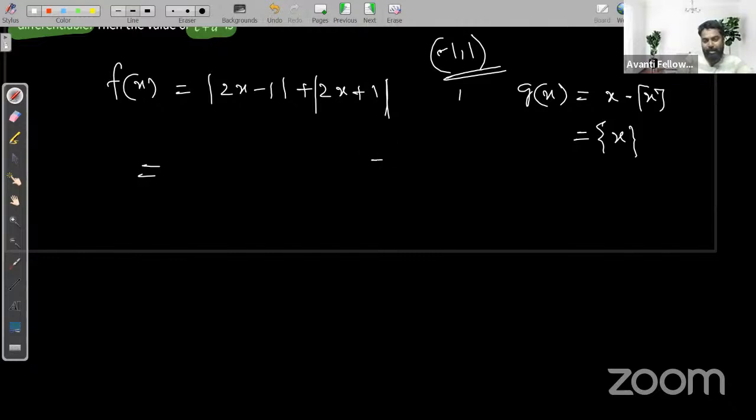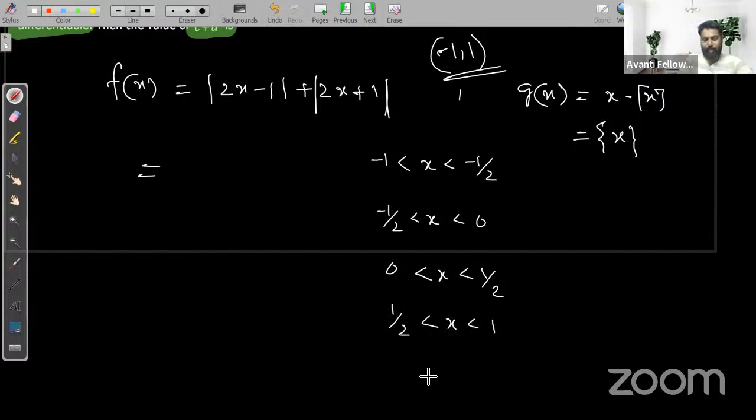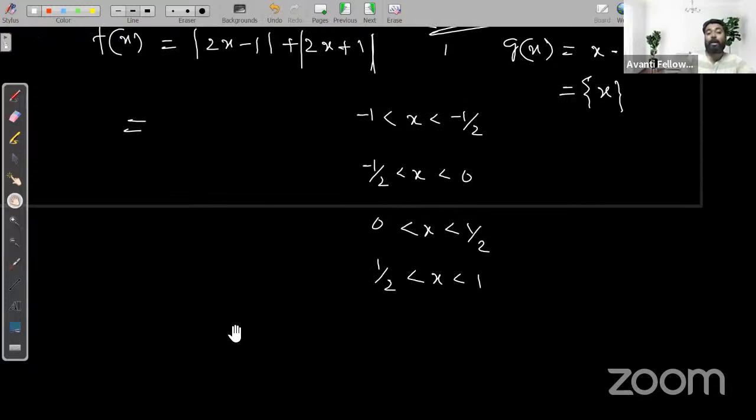Okay, so minus 1 to minus 1 by 2, then minus 1 by 2 to 0, then 0 to 1 by 2, then 1 by 2 to 1. Okay, this is how we have to break the function.